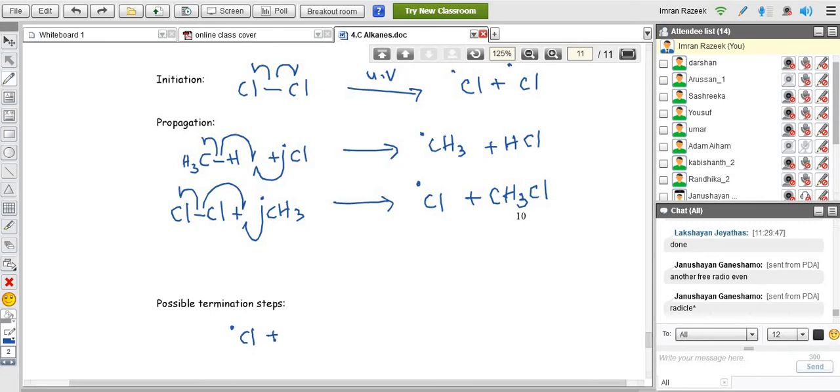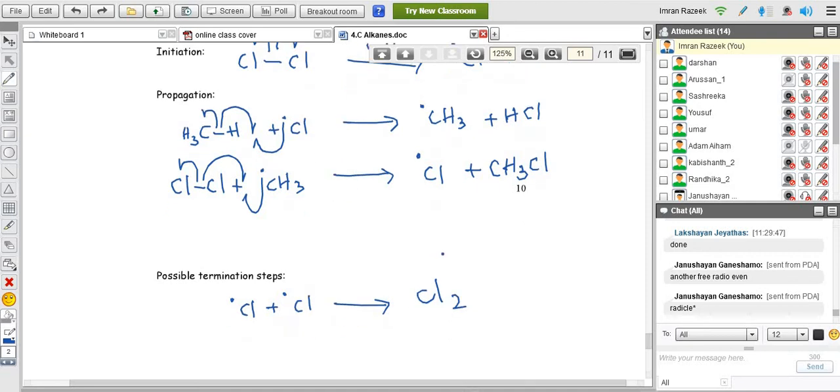They will react to form chlorine gas. That is the termination. Termination is simply a reaction between two free radicals. That terminates, ends the reaction.